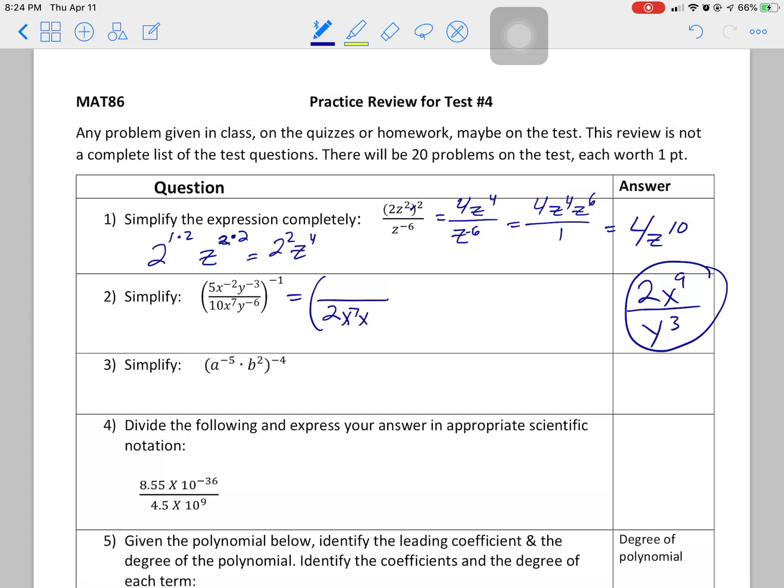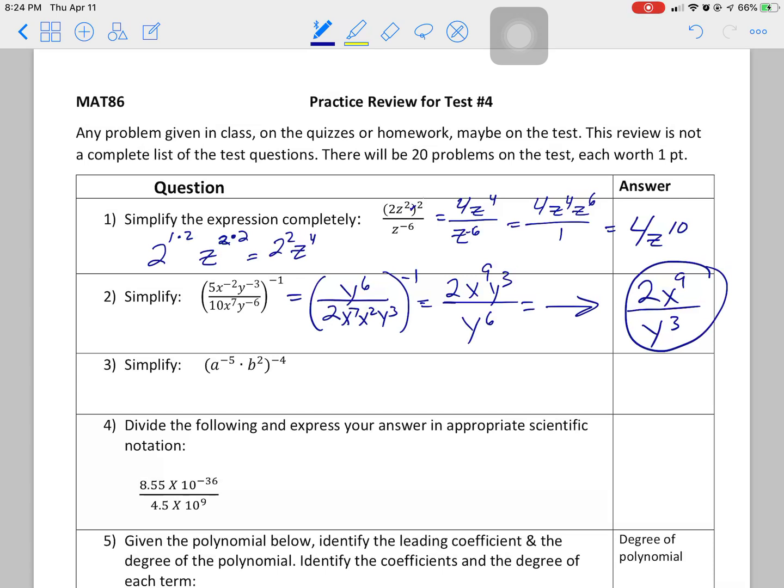So this is a 7, this is a 2, this is a y to the 3rd, y to the 6, to the negative 1, which means that all gets flipped around. So this would be y to the 6 to the 9th, y to the 3, which is still going to give you that.